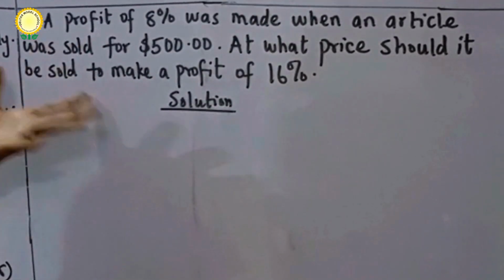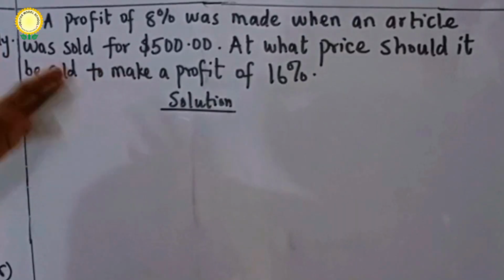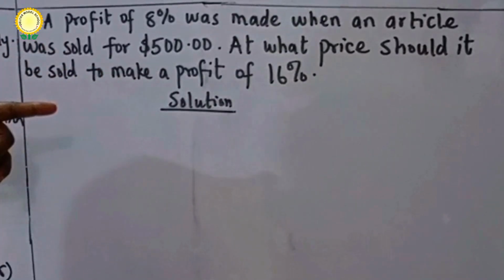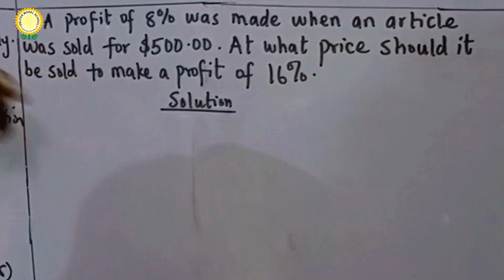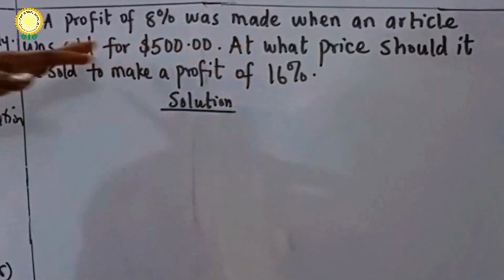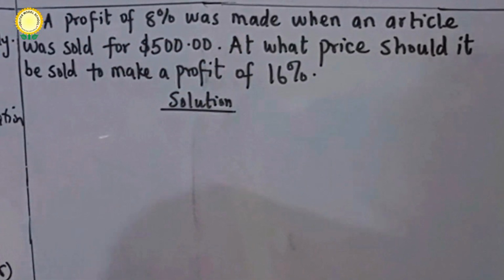This is a bit taxing because you have to find the original price. So how do you find the original price? A profit of 8% was made when an article was sold for this. So 8% and 100% gave us $500. Do we understand it that way?